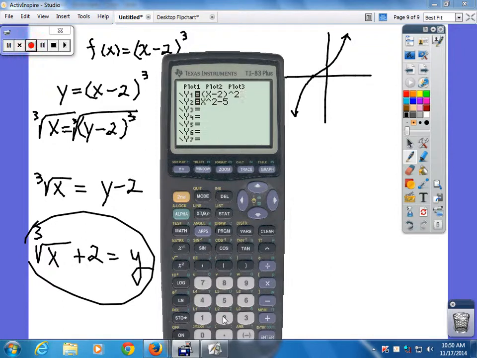Cube, thank you. And the next one is the cube root, and I'm going to say x to the 1/3 power, and then plus 2. Graph.